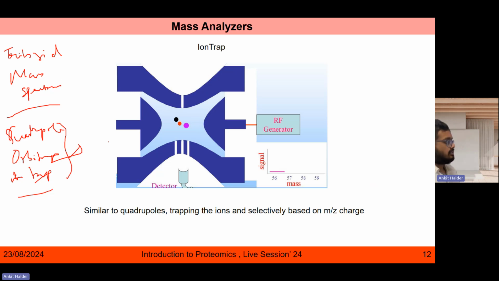This is also the one that helps you to collect, trap the ions and then selectively pass your ions on the basis of their M by Z charge.